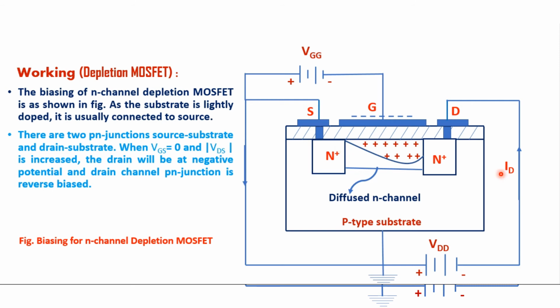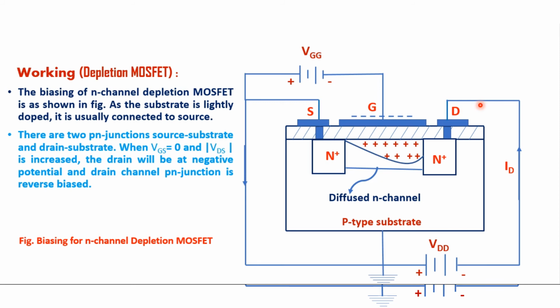So when gate to source voltage is kept as 0, that is, the gate is shorted to the source, the drain D is at positive potential with respect to the source. So majority charge carriers in the N channel, that is electrons, flow from source to the drain through the N channel.